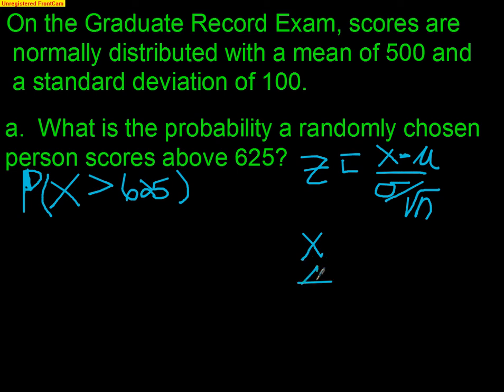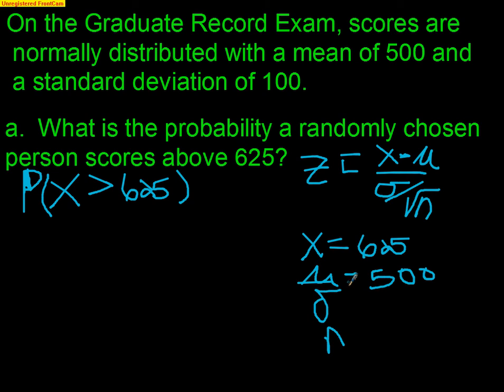Mu, this is a mu. Sigma and n. So what's x? X is 625. We know that because it's right there. Mu, it says here the mean is 500, so this is 500. My standard deviation is 100 because that's what it says up there at the top.